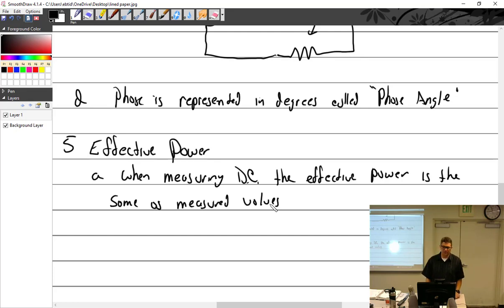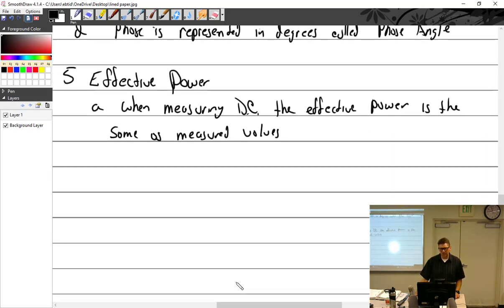So effective power is just whatever you measure, and you come up with power, which is volts times amps, and you get your power. There you go, you're done. Because everything you measure is what you measure.